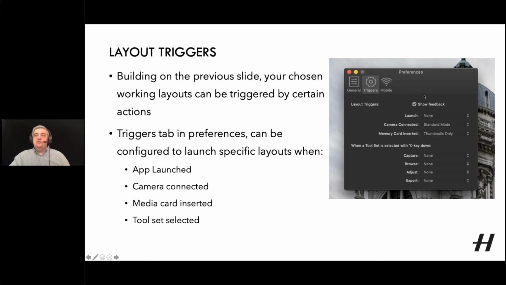But effectively what we can do is customize the look and feel of Phocus in terms of the tools, the adjustments that are pre-applied, the size of the thumbnails, the number of thumbnails, etc. All of those type of configurations can be pre-programmed and then that can be loaded on a particular event happening in the software.